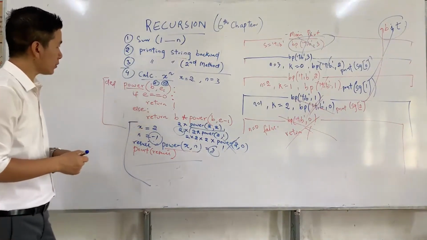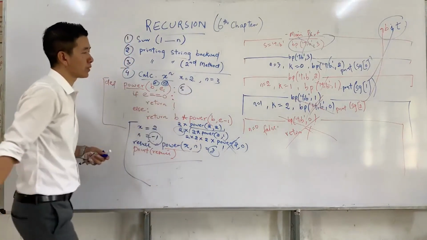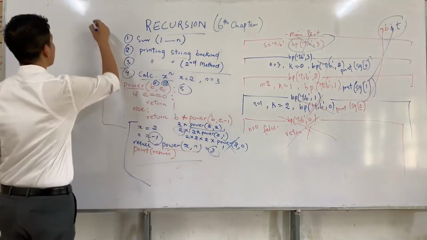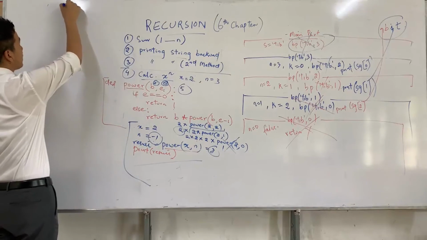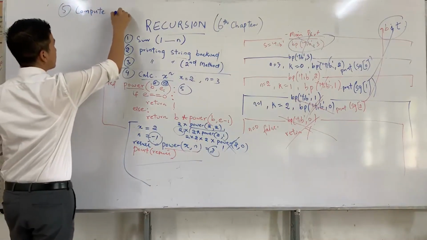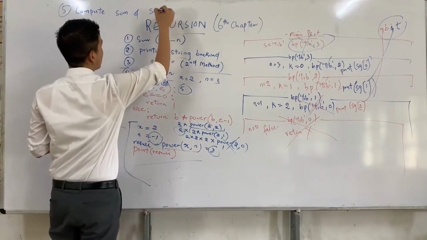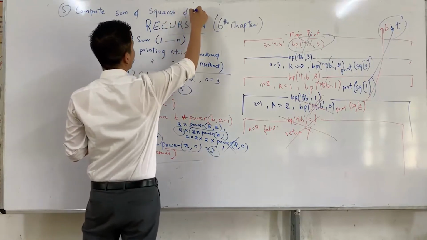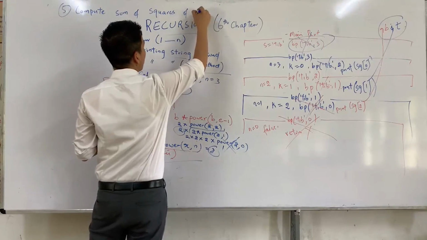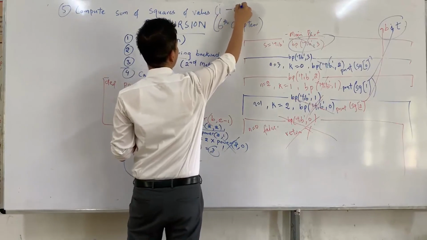So as a matter of home assignment, you could even try this. Say this could be a nice home task. Compute sum of squares, okay, of values from 1 to n.